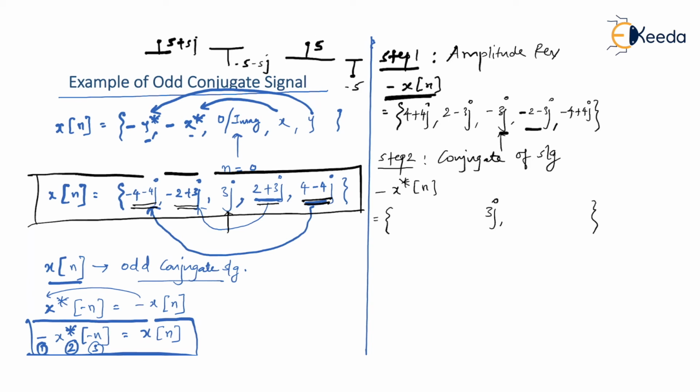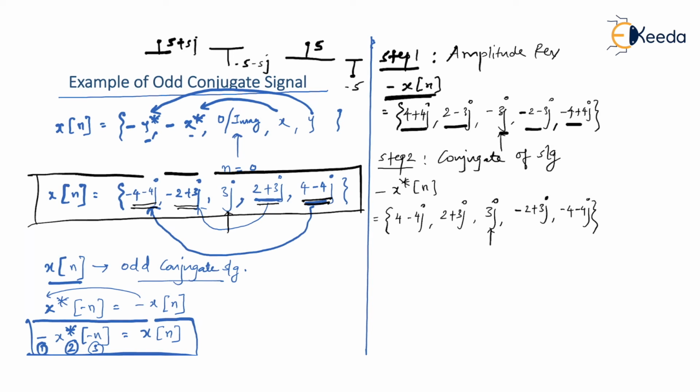This will become minus 2 plus 3j. Minus 4 plus 4j will become minus 4 minus 4j. Because while taking the conjugate, we have to change the sign of only the imaginary term. The real part sign will remain the same. Then 2 minus 3j will have a complex conjugate as 2 plus 3j. And last, 4 plus 4j will become 4 minus 4j.